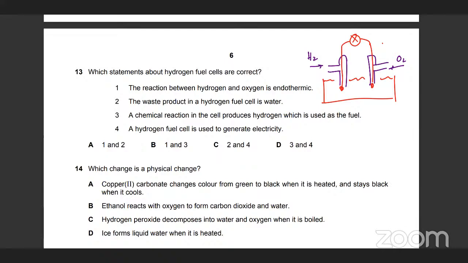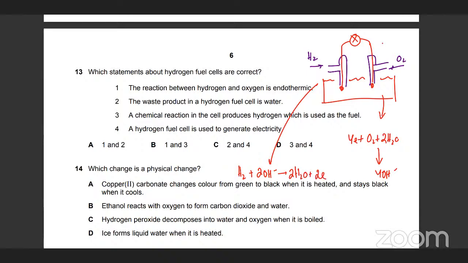What happens? There's a reaction that happens over here, and that is that O2 reacts with 2H2O, gains 4 electrons, and forms 4 OH minus ions. So that's your reaction that's happening on the left side. The reaction that happens over here is that H2 reacts with 2 OH minus ions and ends up producing 2 water molecules, and produces 2 electrons.